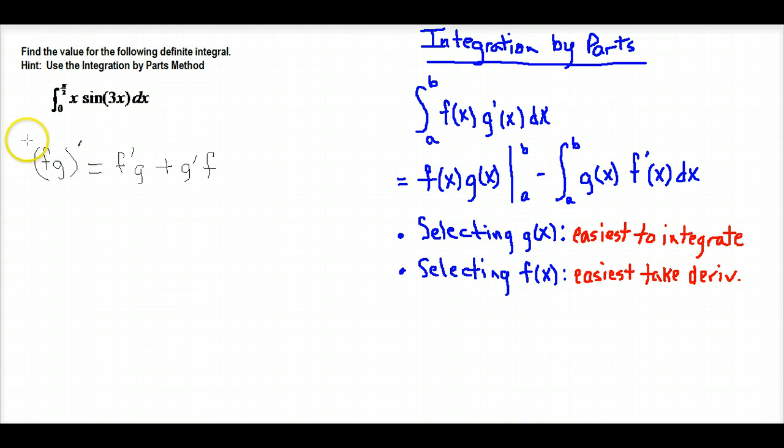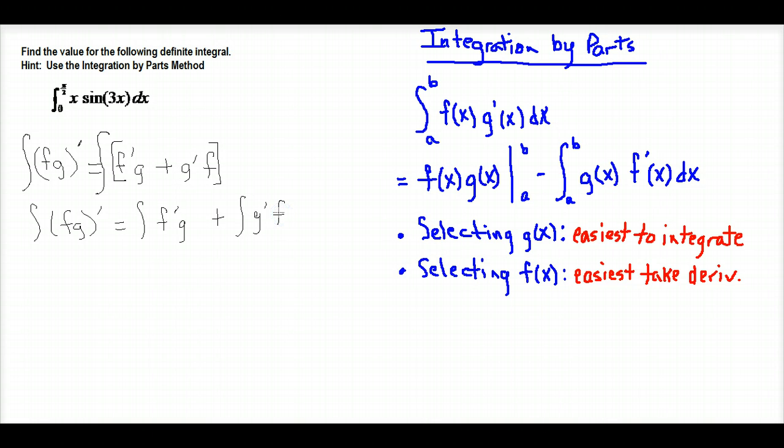So if we integrate this, then we would have f times g, the derivative of that. And so this would be the integral of f prime g plus the integral of g prime f.